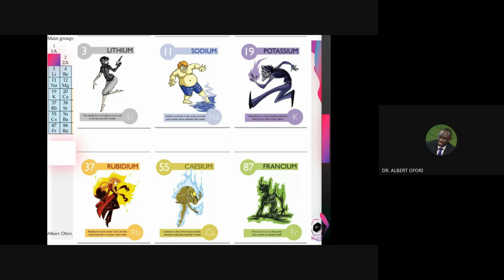Then we look at potassium, K. It looks like this character is more intense and dangerous. So potassium can react with water even more violently than sodium. Potassium burns in a lilac flame. I don't know how you call that color, is it purple?